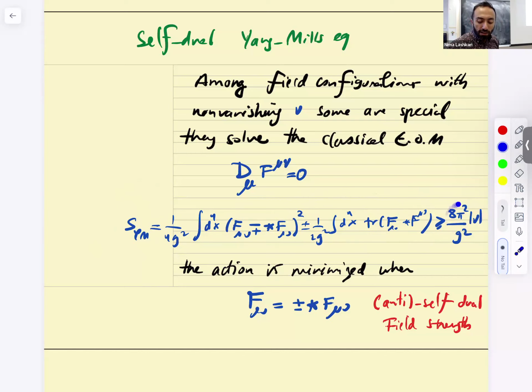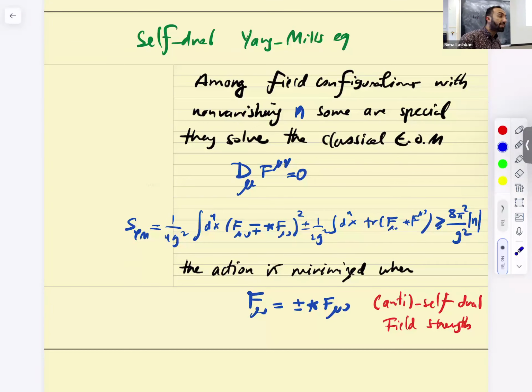Now, this is larger than this term. Why? Because the first term is positive. Right? So it's a positive number plus the theta term. Let me call this N. Good.